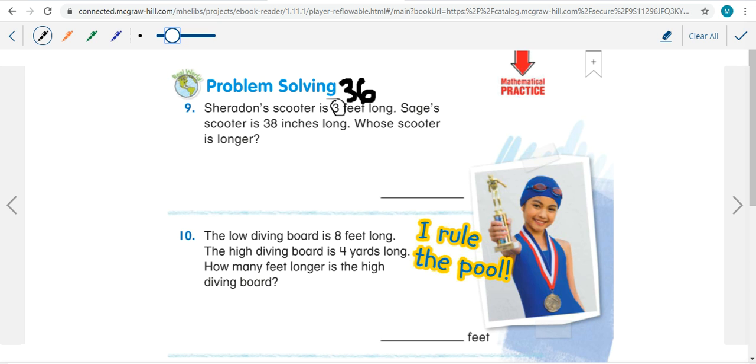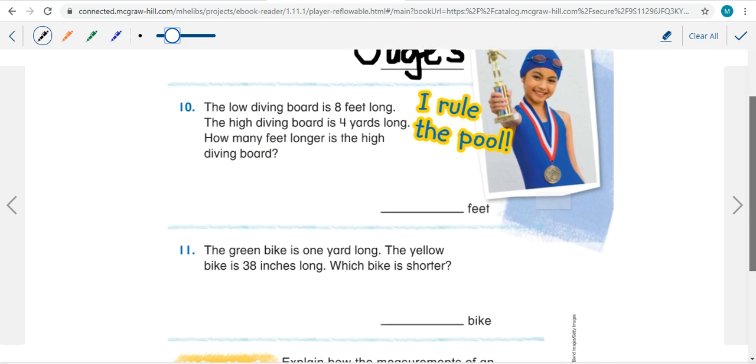If we add 12 plus 12 plus 12, it is equal to 36. So whose scooter is longer? Can you see? 38 is bigger than 36. So the answer for number 9 is Sage's. Sage's scooter is longer. 38 is more than 36.